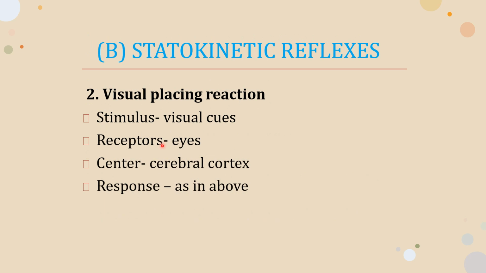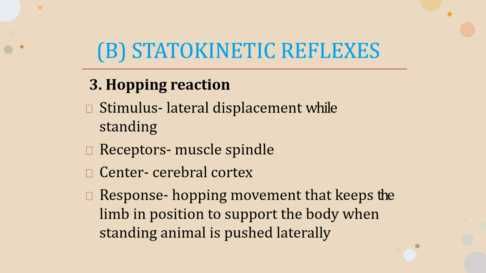And the visual placing reaction. The stimulus is visual cues, receptors are eyes, center is cerebral cortex, and the response is the same as above. That is, when the limbs come to touch the surface, automatically it is placed on the surface to support the body. And one more reaction is the hopping reaction.